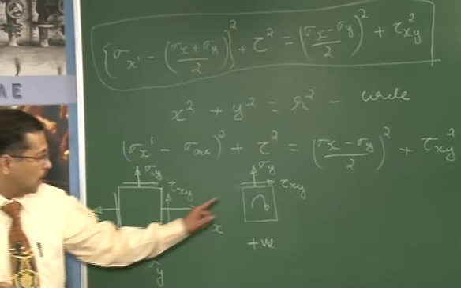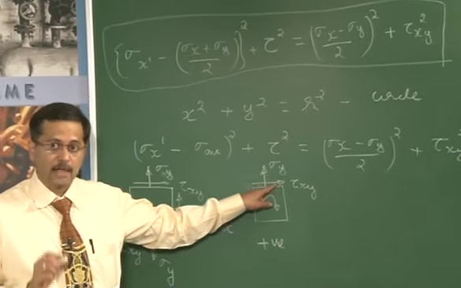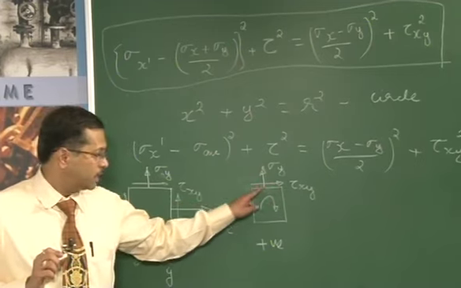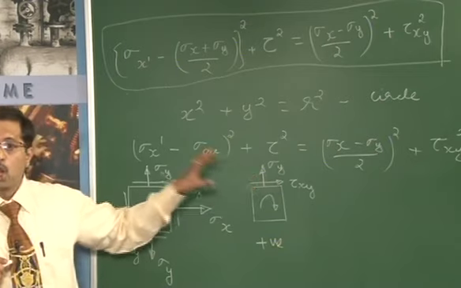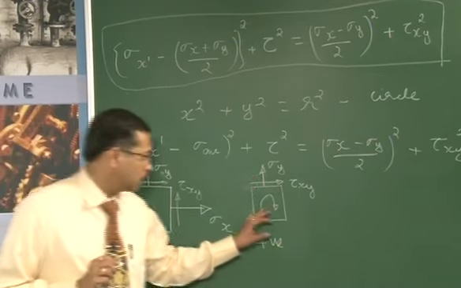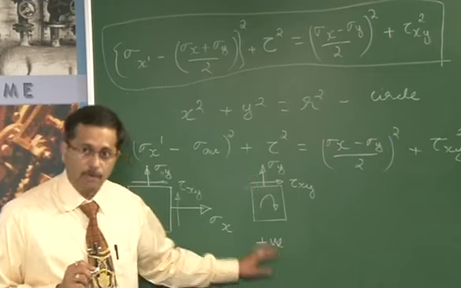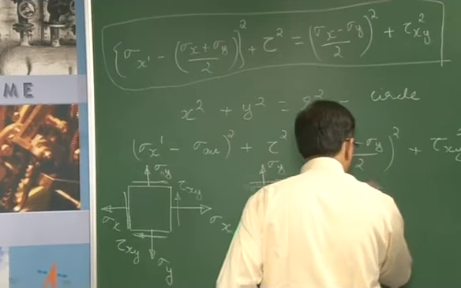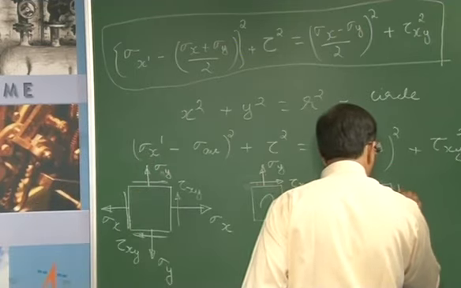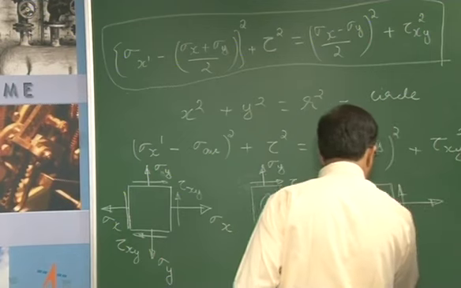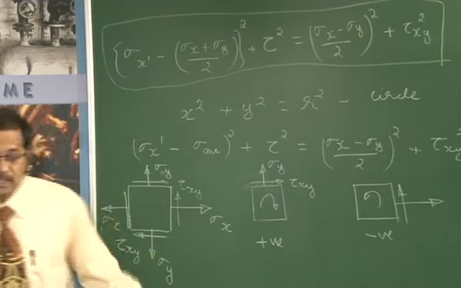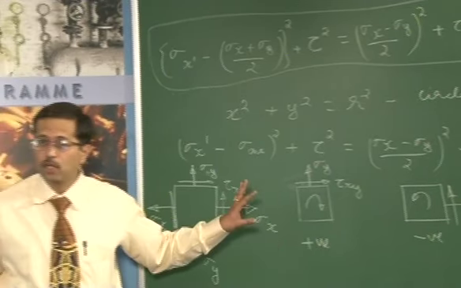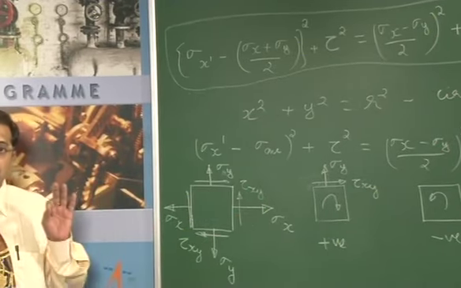Remember this, if the shearing stress acting on the plane is going to make the block rotate in the clockwise direction, we would consider that as positive. Whereas if the shearing stress is going to make the body rotate in the anti-clockwise direction, we would consider that as negative. This is the sign convention that we are going to use for plotting shearing stress.